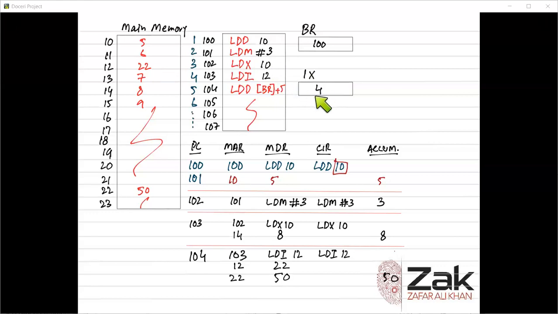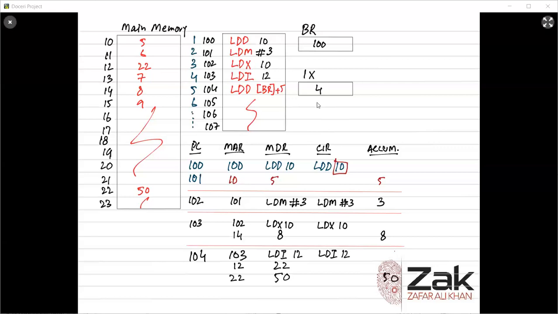10 plus 4, 14. Then this 14 will be placed in MAR, and from 14, what do we get? 8 in accumulator. LDX is not direct.